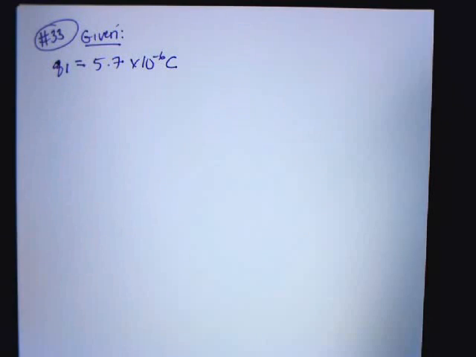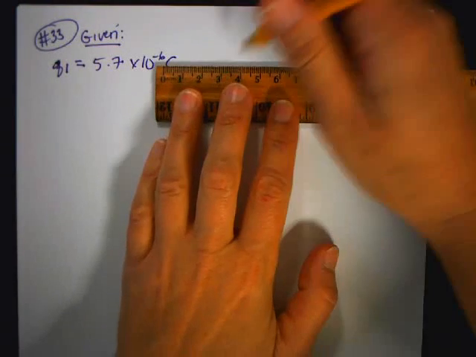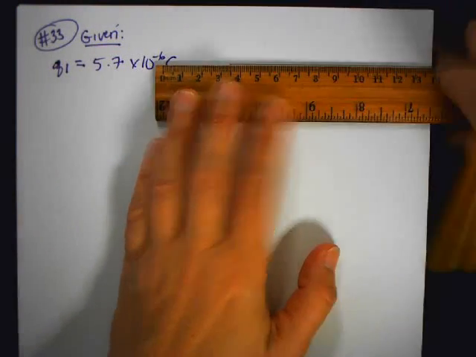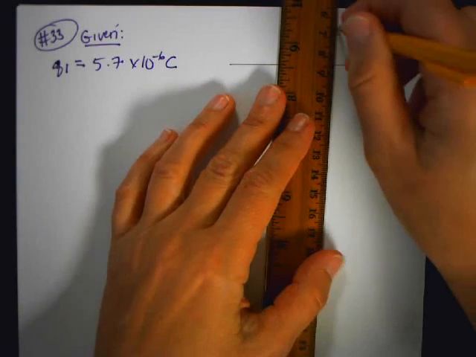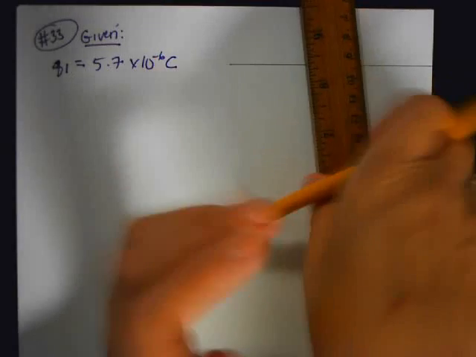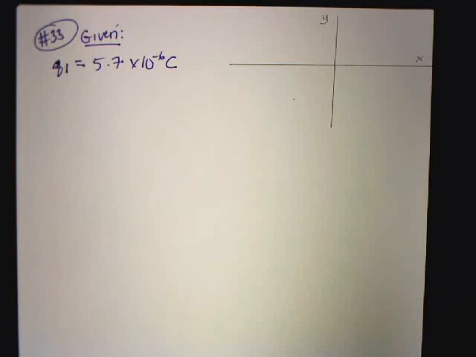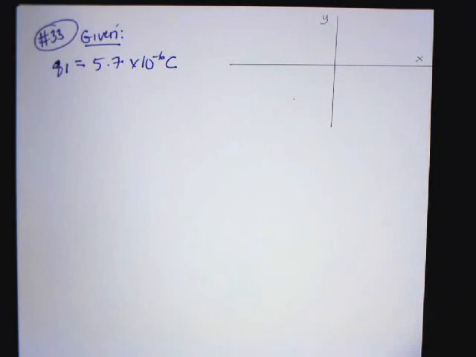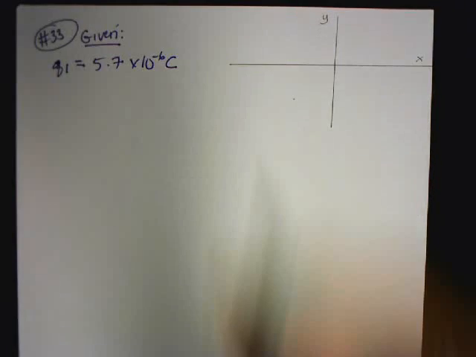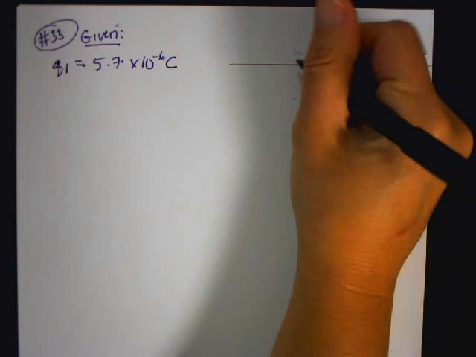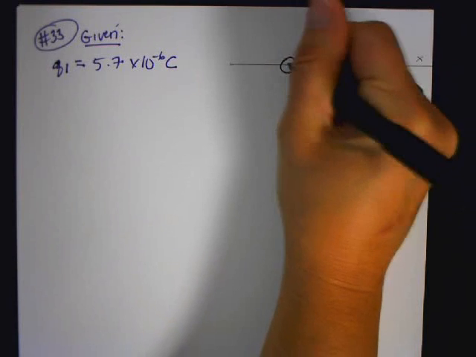So what I want to do is start drawing my picture before I get confused. So I'm just doing this. This is my x and y axis. So this is x, this is y, and they tell me that this first charge, Q1, is over here.